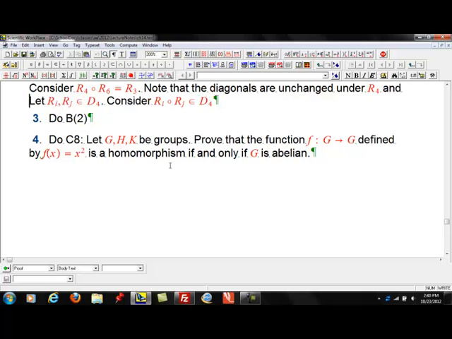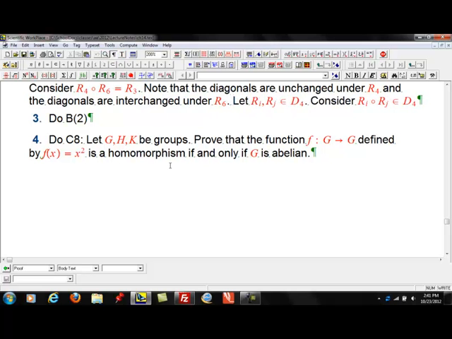And what does R6 do with them? R6 takes 1 to 2 and 2 to 1, 4 to 3 and 3 to 4, so it's a flip across the other diagonal, so that interchanges them. The diagonals are interchanged under R6.